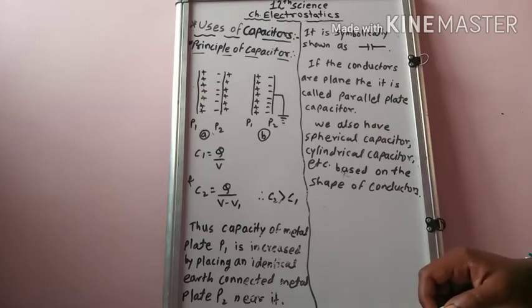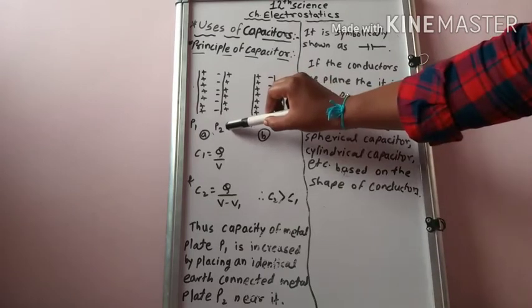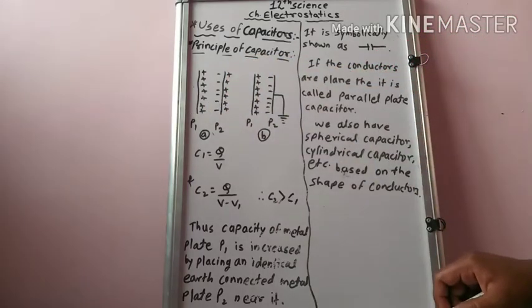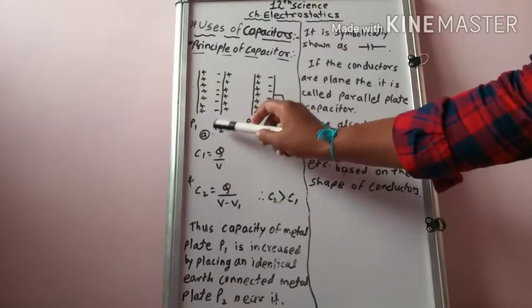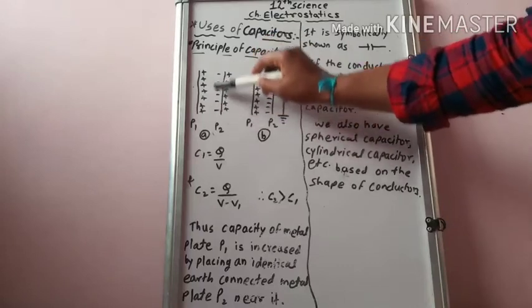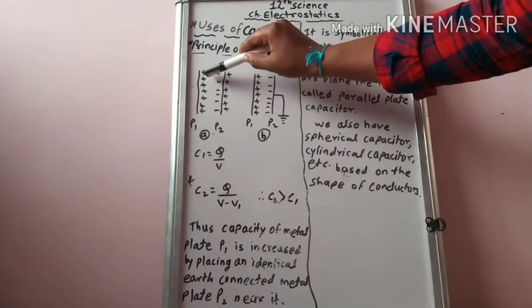Now we consider another insulated metal plate P2 near plate P1. By induction, a negative charge is produced on plate P2 due to the positive charge on P1.